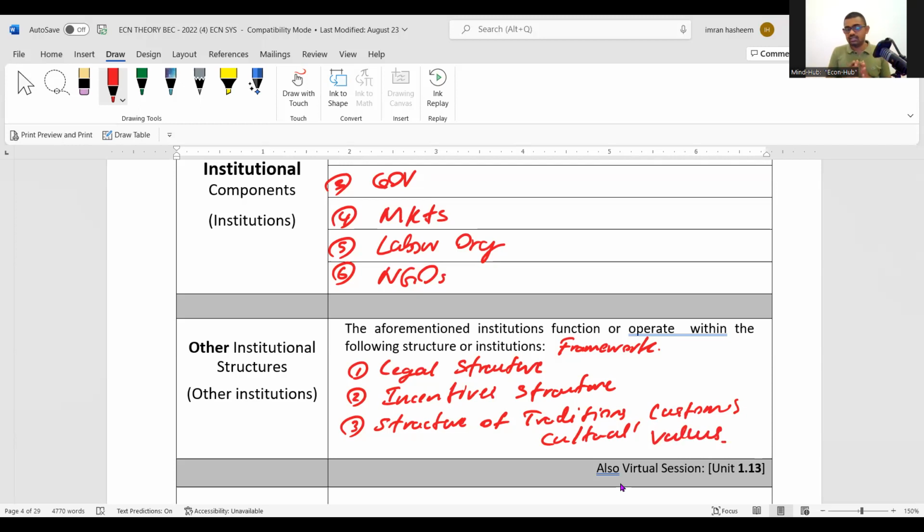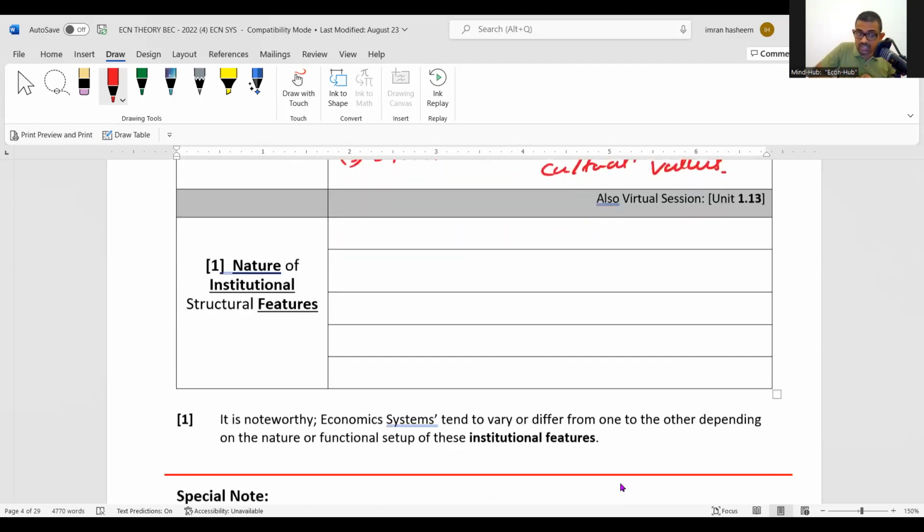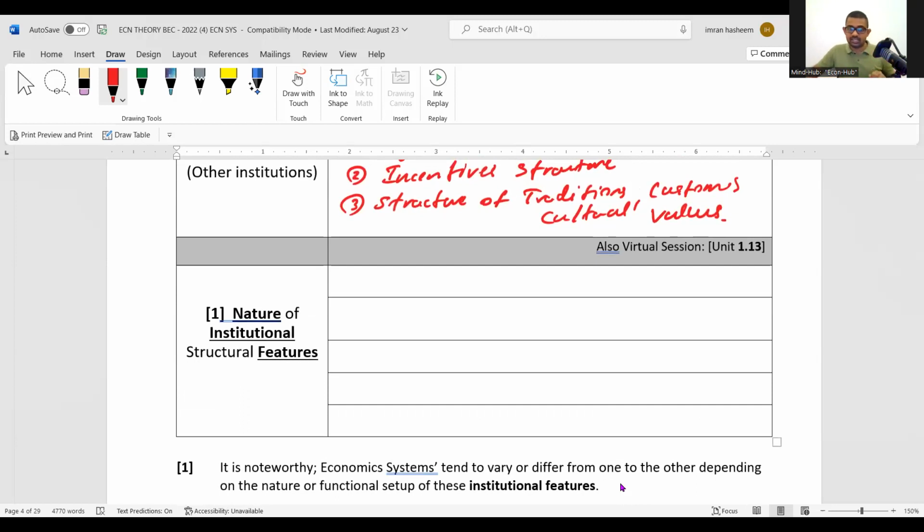So these three things are what create the framework. Within that framework, the institutions operate. Done. Then the next part is extremely important, 5 things. Out of these 5 things, 1 and 2, I'll write in red color. Then 3, I'll write in green.